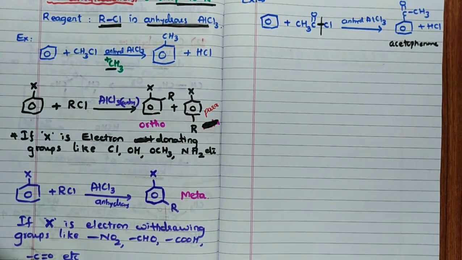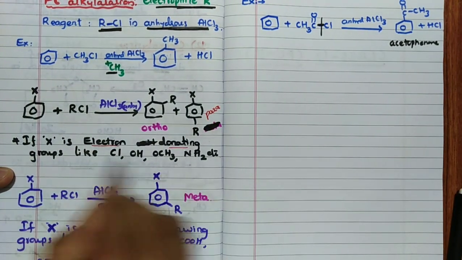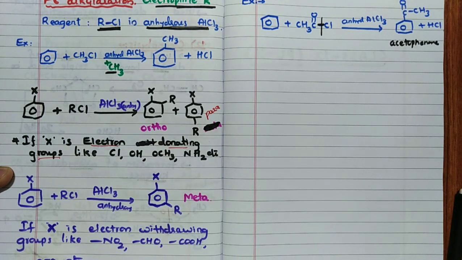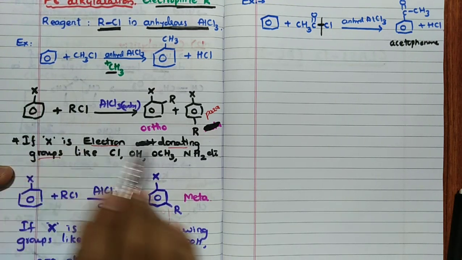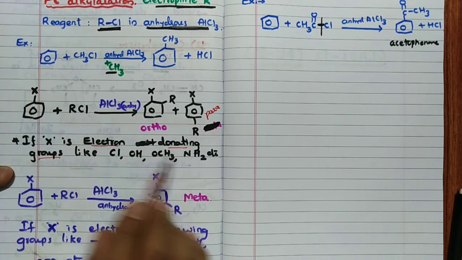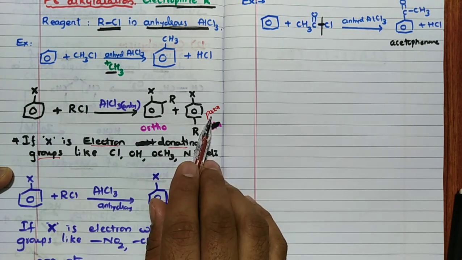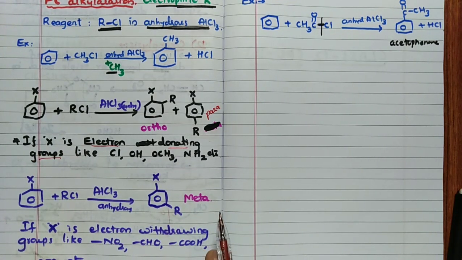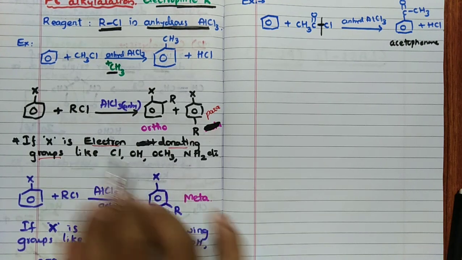Right? Now, very simple. This reaction is possible when X is an electron donating group, like chlorobenzene, phenol, anisole, aniline. In all these cases, in Friedel-Crafts alkylation, you are going to get ortho or para. Generally aniline does not undergo it, because AlCl3 is a Lewis acid and NH2 is a Lewis base, hence they will react with each other.